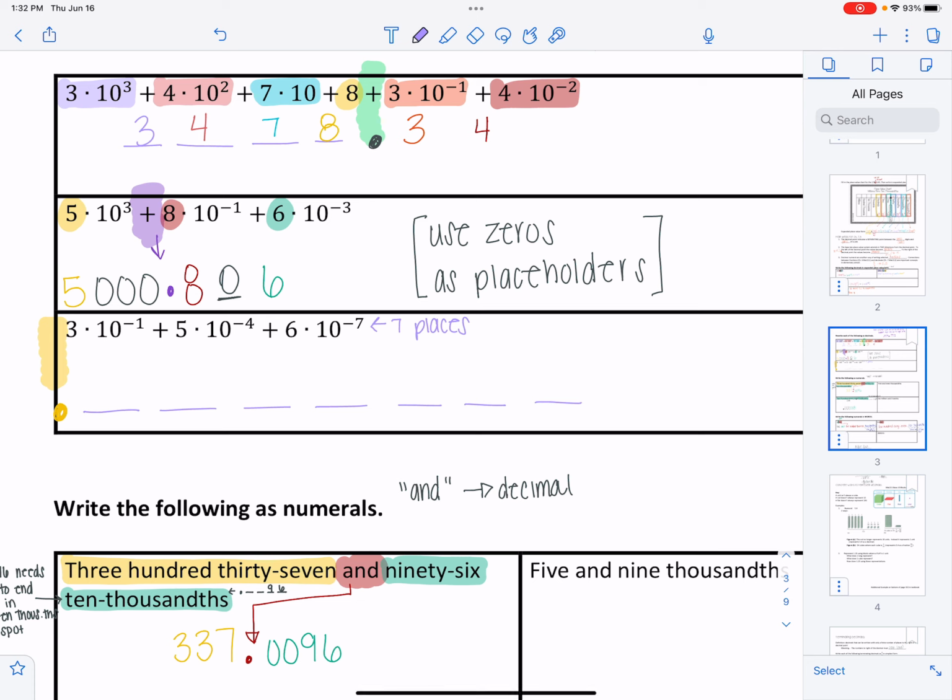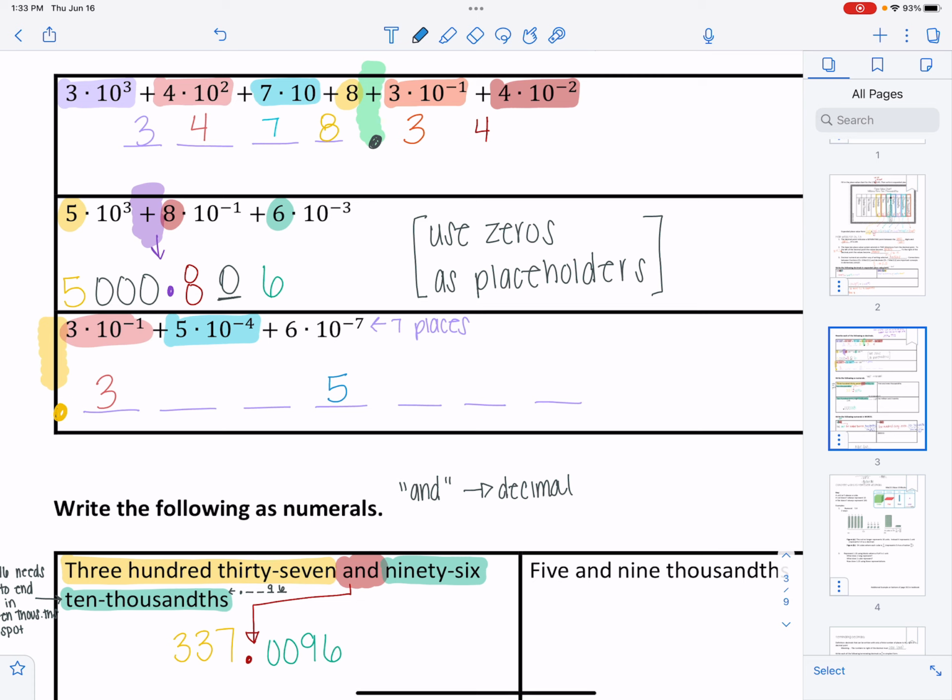And now I just need to start filling them in. All right, so this first one is 3 times 10 to the negative 1. Well, that's the first spot, so that's going to be a 3. 5 times 10 to the negative 4 means that's going to be in the fourth spot. Is going to be a 5.